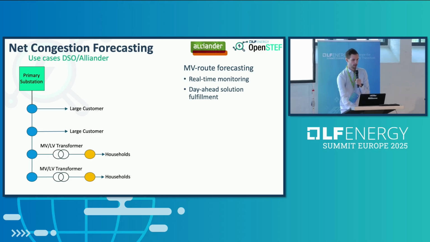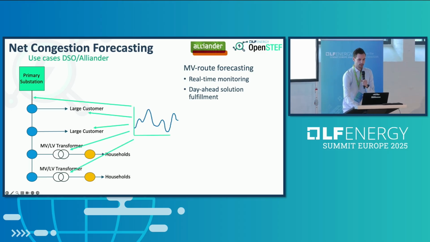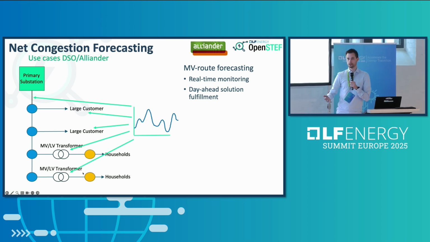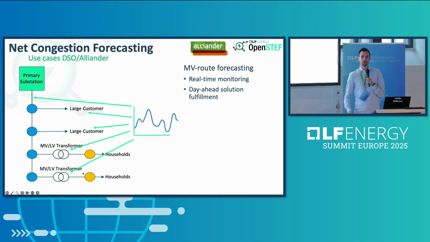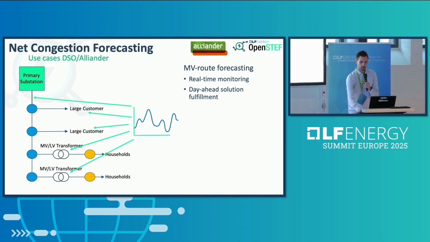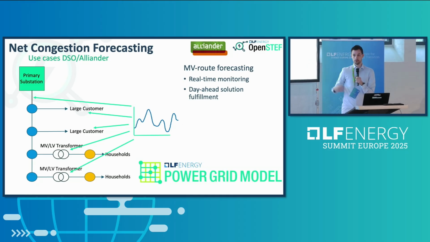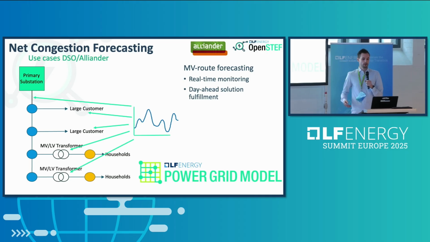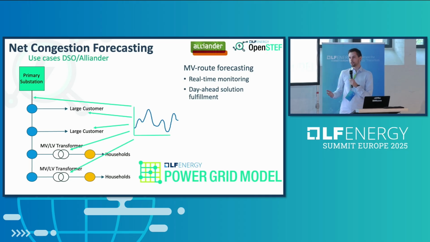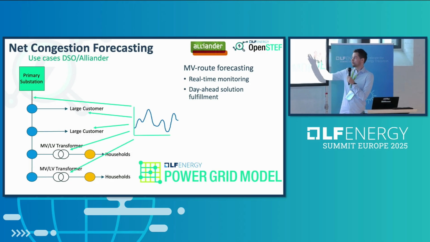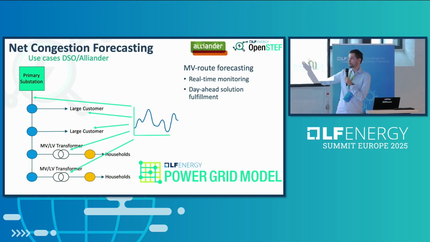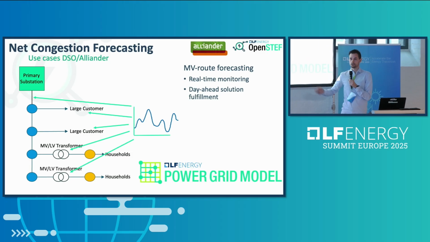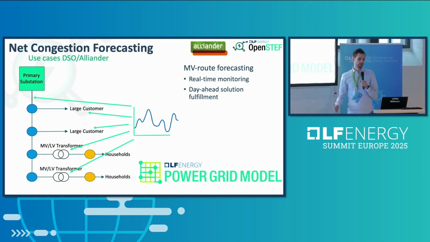By knowing how everything is connected, so knowing the topology, and having these measurements at all these entry and exit points of the route, so we know what goes in the route and goes out of the route, we can use a different LF Energy project called the Power Grid Model, who will also be speaking today, so look forward to that if you're interested, to do state estimation and see what is the power flow that flows through these cables. So we can still monitor each of these cables.